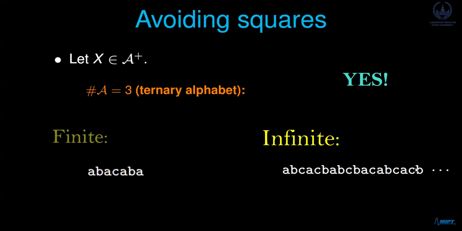This infinite word successfully avoids squares throughout, meaning there is no part of this sequence where a square appears. This result is quite interesting because it shows that as the size of the alphabet increases, it becomes easier to avoid squares, even in infinite constructions.